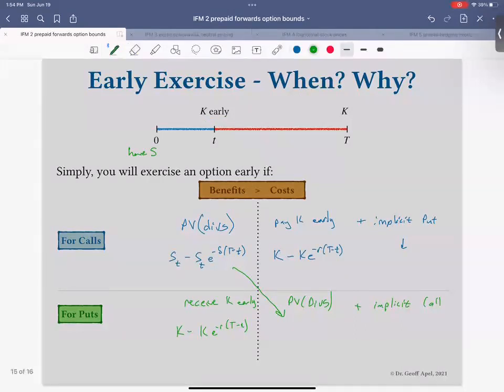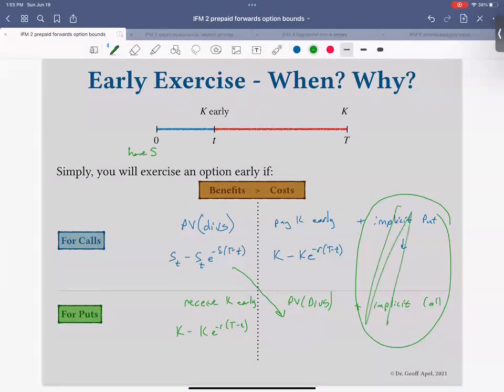Now, we mentioned before that this implicit put, implicit call might be hard to price. I might not actually know the price of these things. So they sometimes phrase things in a weird way. Sometimes they say, when is it optimal to exercise early, and when might it be optimal to exercise early? Now the difference is usually whether I will know the price of this implicit put and call or not.